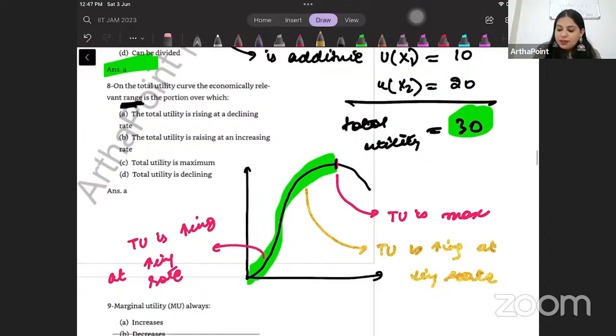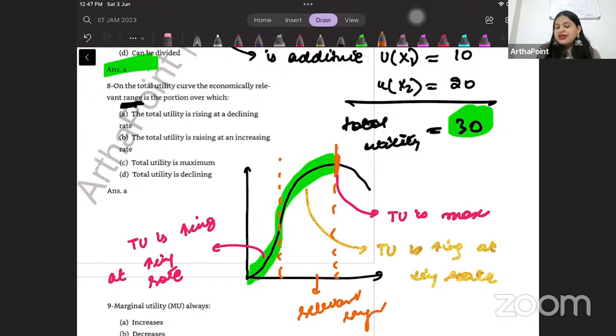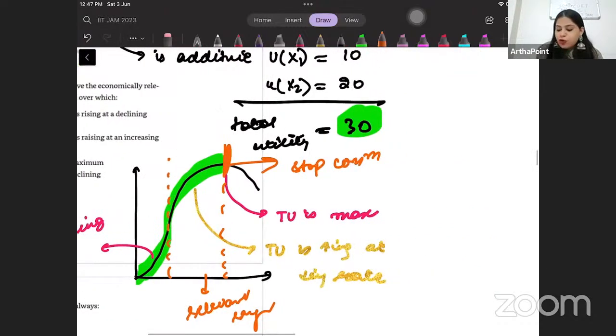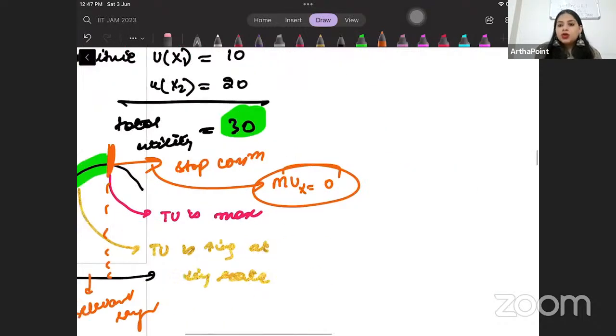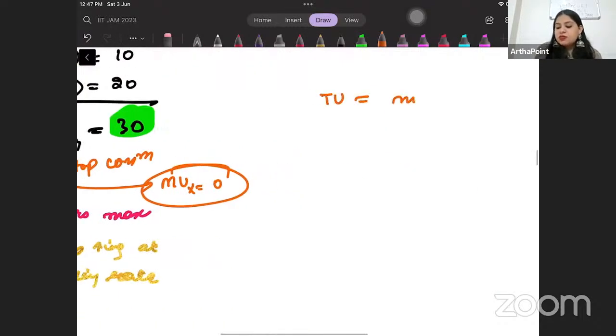तो बेटा यहां पर आके टोटल यूटिलिटी मैक्सिमम हो गई. इकोनॉमिकली हम ये कहते हैं कि ये जो रेंज है ये मोस्ट रेलिवेंट रेंज है हमारे लिए. यहां तक हम कंज्यूम करेंगे, we will try to consume till this point. But जब टोटल यूटिलिटी मैक्सिमम हो गई, we will stop here, stop consumption. At this point we know that marginal utility will become 0, क्योंकि total utility is maximum.